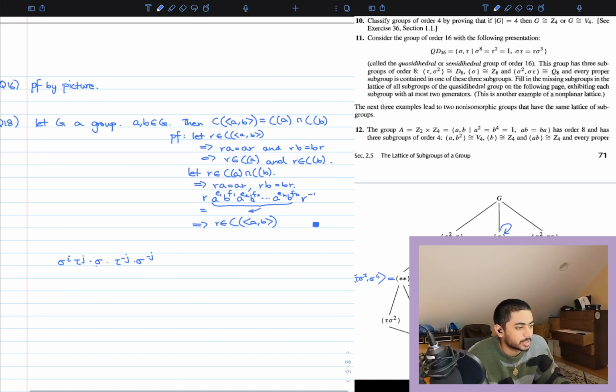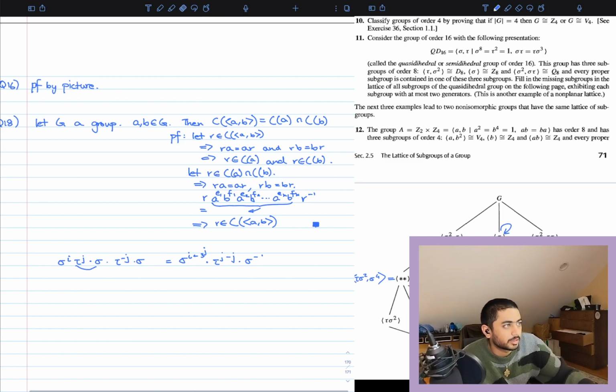And I'm sending sigma through j taus, which means it turns into sigma to the 3 to the power of j, times tau to the j times tau to the negative j, times sigma to the negative i.